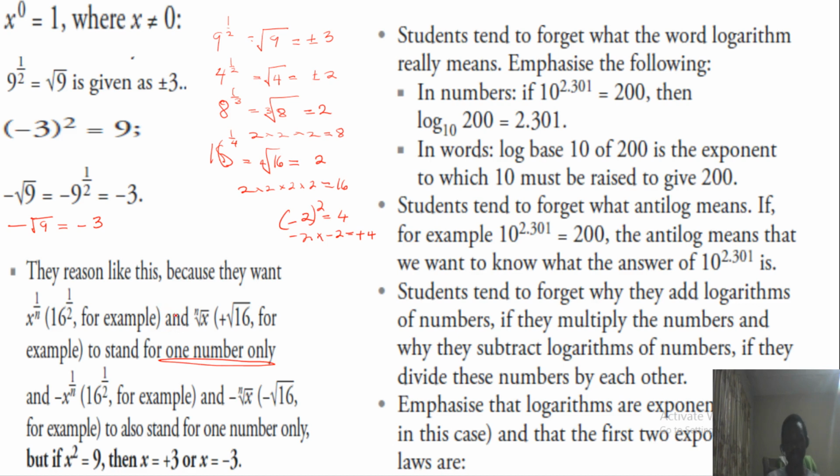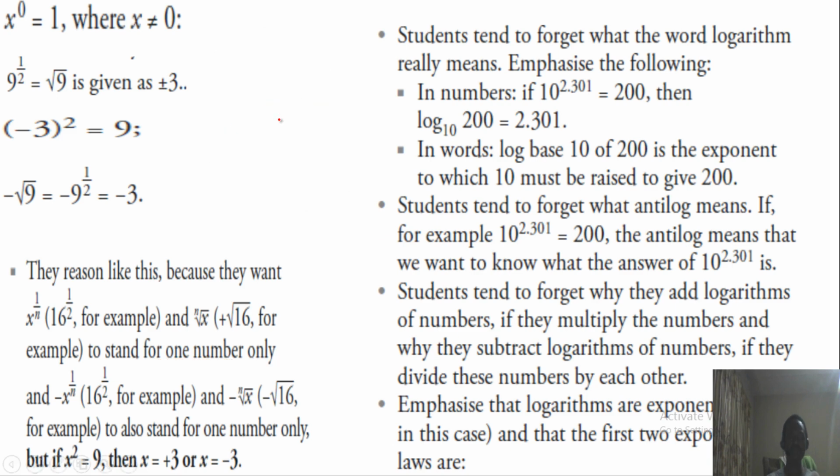But if I have s squared equals 9, I have to find s. Basically, if I have s raised to power 2 equals 4, then to find s, what can I do to remove this square? What I can do is take the square root of both sides.